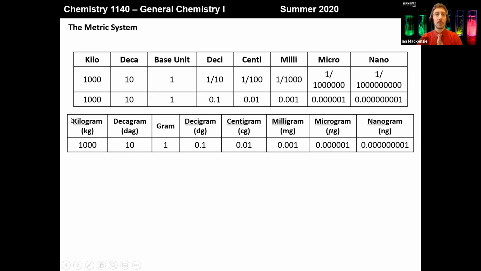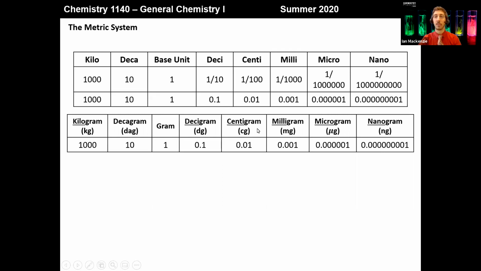So kilograms, decagrams, grams, with gram being the base unit here. So we're talking about mass. Gram is my base unit. And if I look at this and say, well, 1 kilogram is 1,000 of my base units, so it's 1,000 grams. There are 1,000 grams in a kilogram, whereas there are only 0.01 grams in a centigram.